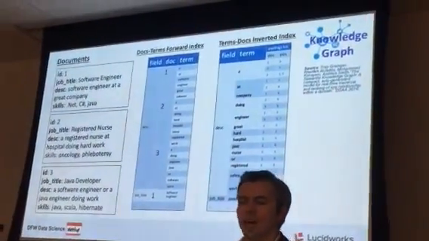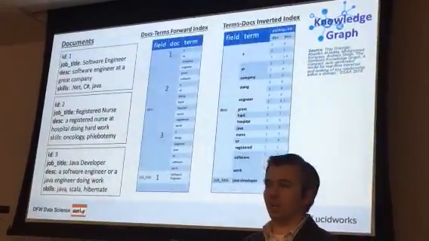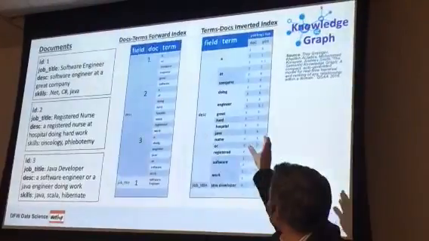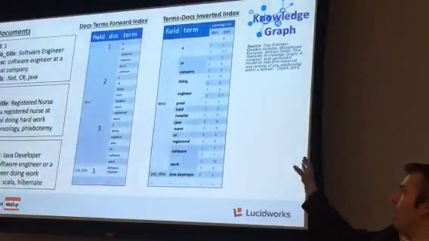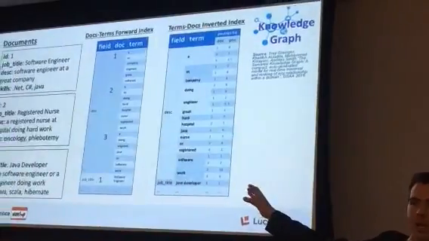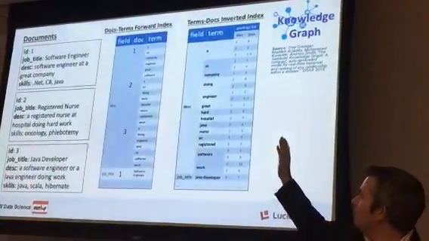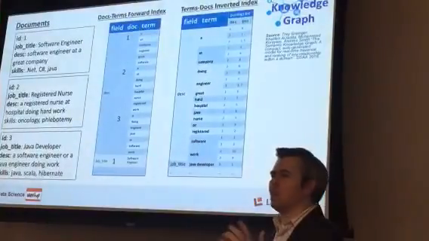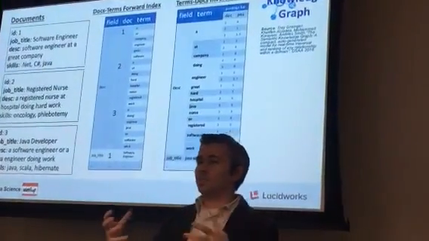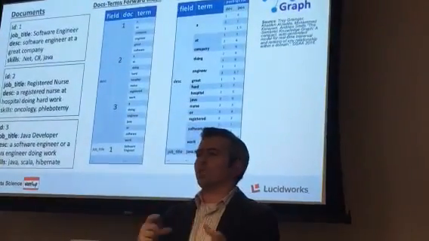I take those and put them in an inverted index, which you see represented over here on the right. We already talked about the inverted index earlier. I also put them in a forward index, which is an index that has the document mapped to the term. So I've got terms mapped to documents and documents mapped to terms. What that allows me to do is traverse either way.